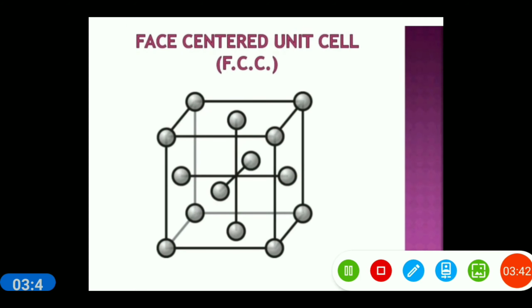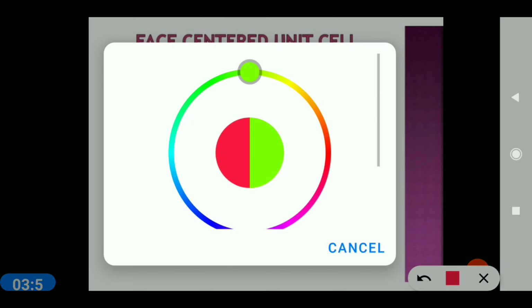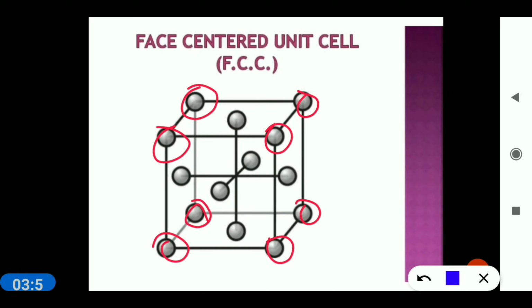FCC, the face centered unit cell: particles are present at the corners. So you can see 8 particles are there at the corners. Now one particle is present on each face.